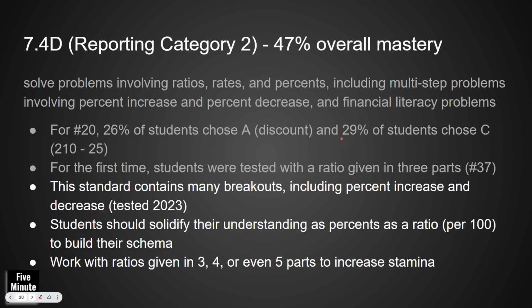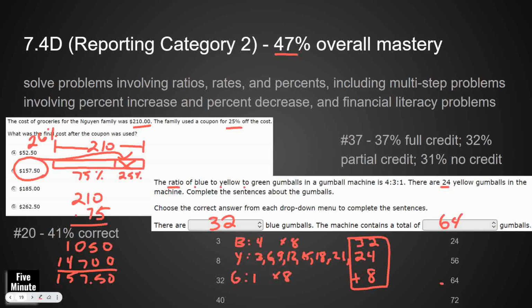And then 29% of our students chose C. Now, this is 29%, and the correct was only 41%, so not that far off. I can understand this A because we are doing the 210 times 0.25. We just didn't subtract it. The 29% that chose C, it's 210 minus 25.